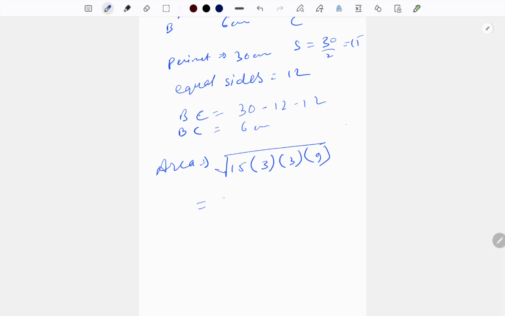Okay, so we can write it as 3, here it will come 3, here will come 3 is 9, and under root 15 centimeter square will be the answer.